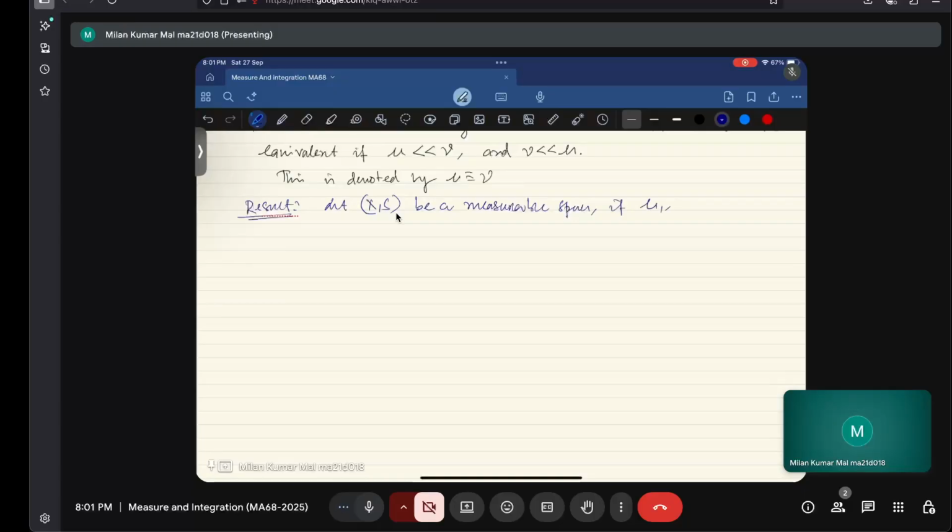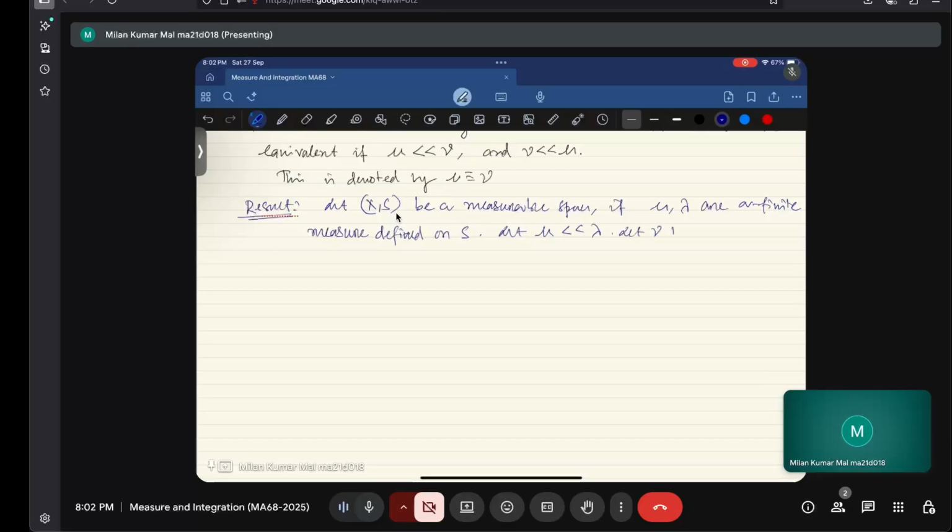If mu and lambda are sigma finite measures defined on the sigma algebra S, and mu is absolutely continuous with respect to lambda.